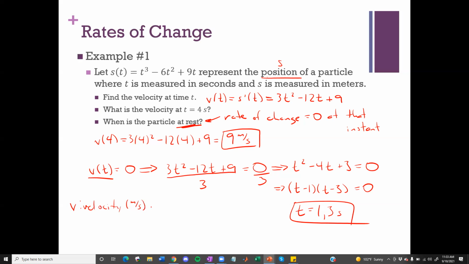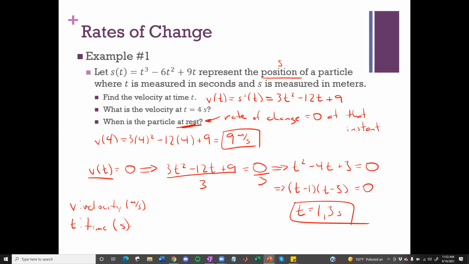Is that the only variable I'm implying with the notation v of t? Function notation says I am giving you a value v, but that value is governed by this value t, which is time, in seconds.